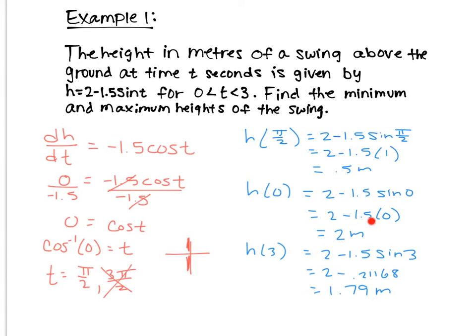So our highest is this, 2 meters. So our global maximum, our maximum height of the swing, is going to be 2 meters. And then we know that the minimum height of our swing is going to come from 0.5 meters, because that's the smallest of our 3 heights. And so we have now found our global max and our global min.